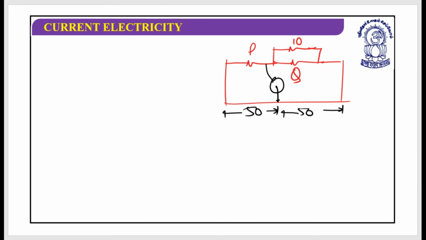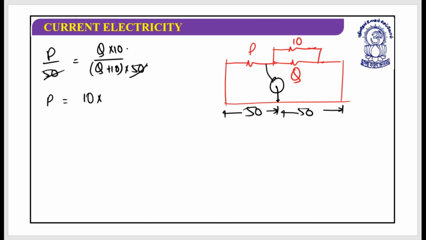How could I do it? It's P by 50, that should be equal to Q into 10 divided by Q plus 10, multiplied by 50. This has gone. So P is equal to 10 into Q divided by Q plus 10.